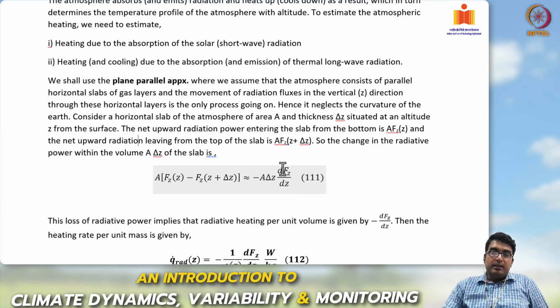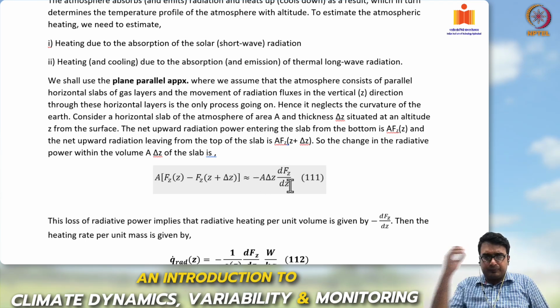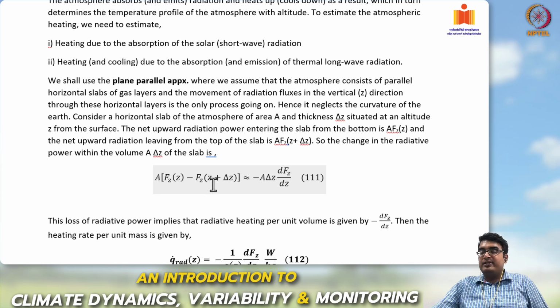And this we can write as almost equal to minus A delta Z dFz/dz. dFz/dz is the gradient of the net upward flux with altitude. It's negative here because this is at Z plus delta Z, so this is the final and this is the initial. So this is minus A times Fz at Z plus delta Z minus Fz, which will be delta Fz, correct?